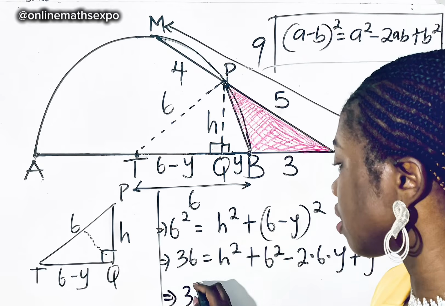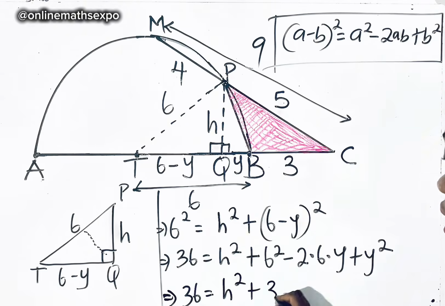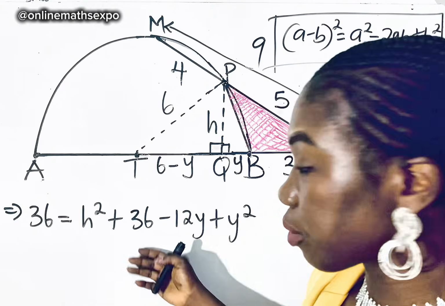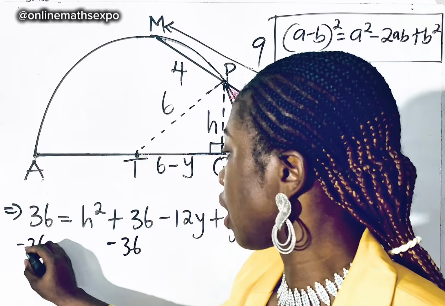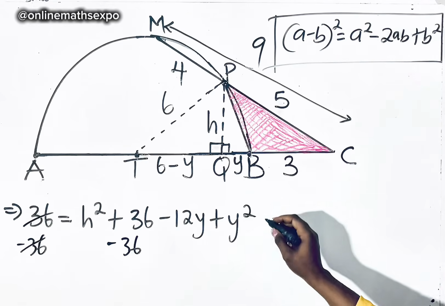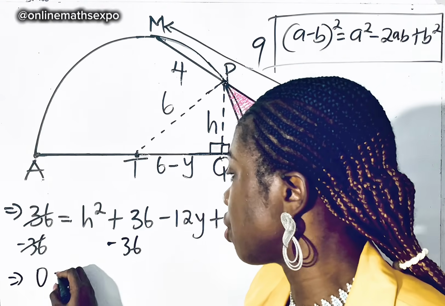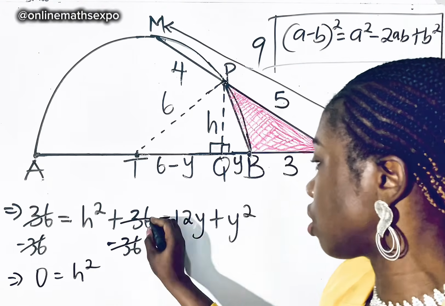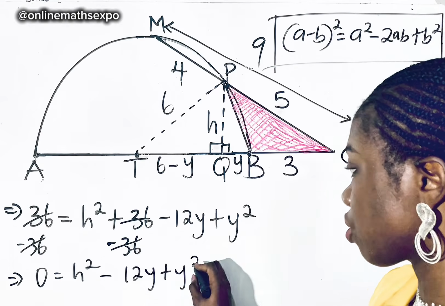This gives us 36 is equal to h squared plus 6 squared, which is 36, multiply this, you have negative 12y plus y squared. And that gives us, subtract 36 from both sides. And when you do that, this becomes 0. So we have 0 is equal to h squared, subtract this, it is gone, we have minus 12y plus y squared.